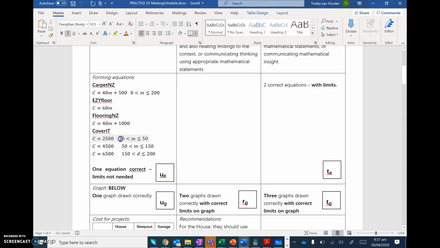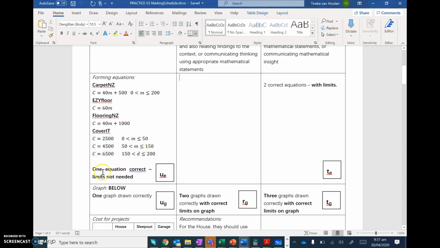So he's not charging anything for 0, so it doesn't include 0 meters squared. But he is charging 2,500 for 50 meters squared, so the line underneath means it's including, so less than or equal to 50. So m is between 0 and 50, not including 0, but including 50. Then you go on from there.